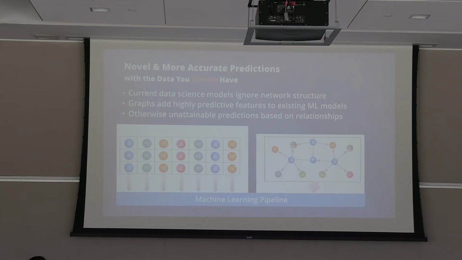And that will give you better and more accurate predictions than just the data you already have. So current data science models, of course, don't handle these network structures, these connections and relationships very well at this point. So that's why you tack on that extra graph. Then you get that network structure component added in there.